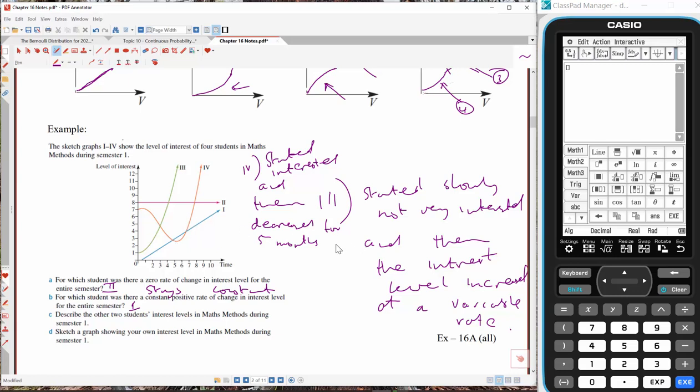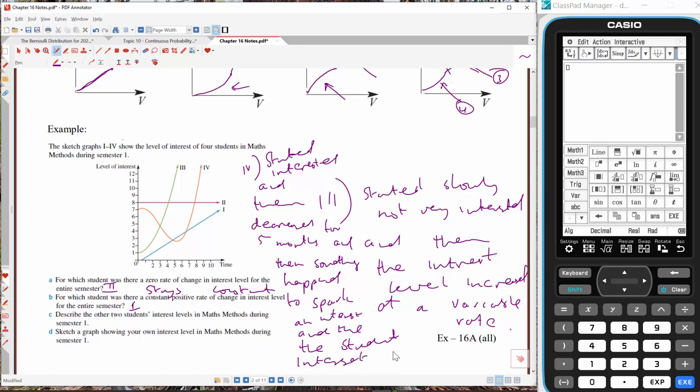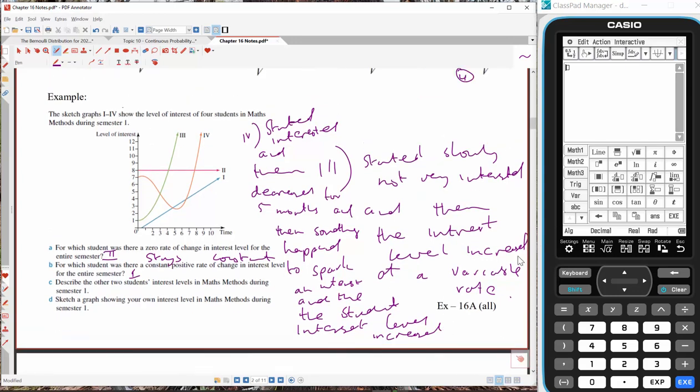And then something happened to spark an interest, and then the student's interest level increased at a variable, non-constant rate.